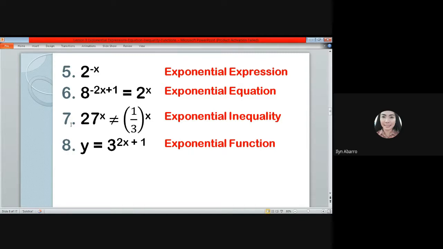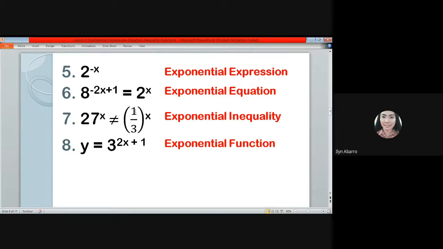Okay, number 7. 27 raised to x is not equal to 1/3 raised to x. We have an inequality symbol here. So we can consider this an inequality, but let us check if it satisfies the condition. 27 is greater than 0 but not equal to 1, and we also have the variable x at the exponent. That is checked.